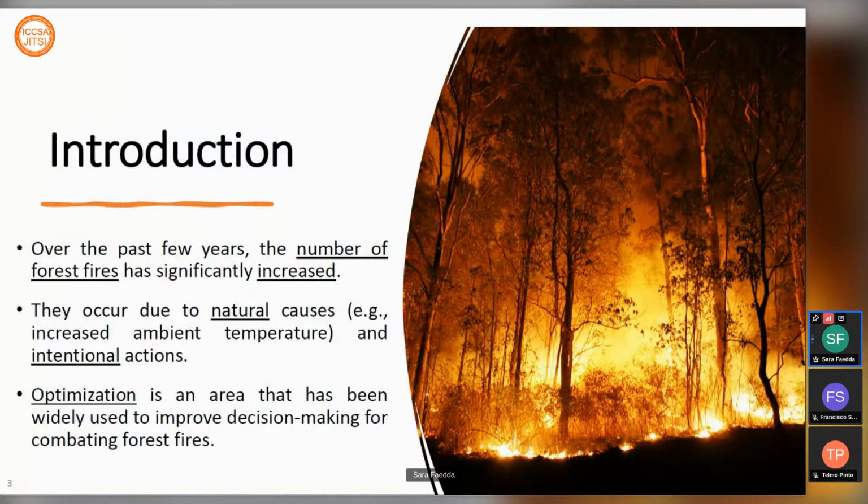Usually they are caused by natural causes or intentional. The optimization area is increasing, and is helping assess the decision making for combating forest fires.